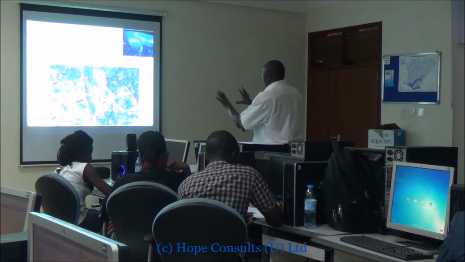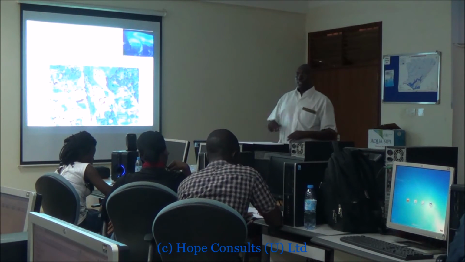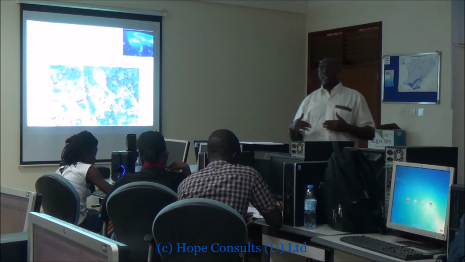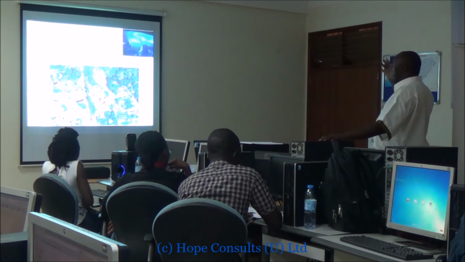Can we, by looking at the condition of the vegetation now, make an estimate of what the yield will be like? So there are so many things that we can do. In India, one of the things which was being explored.